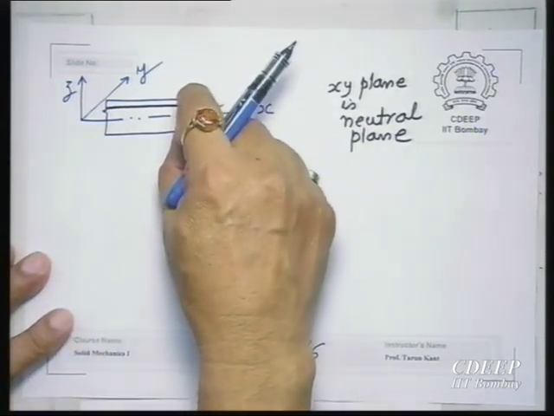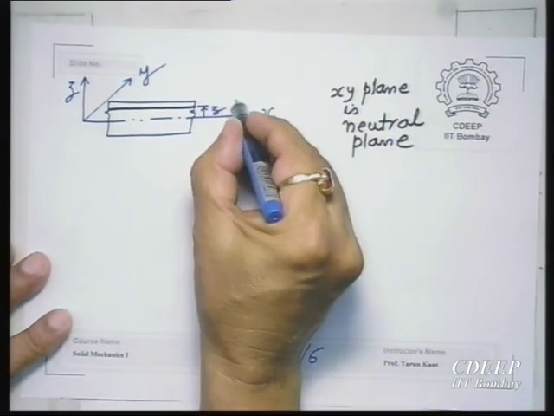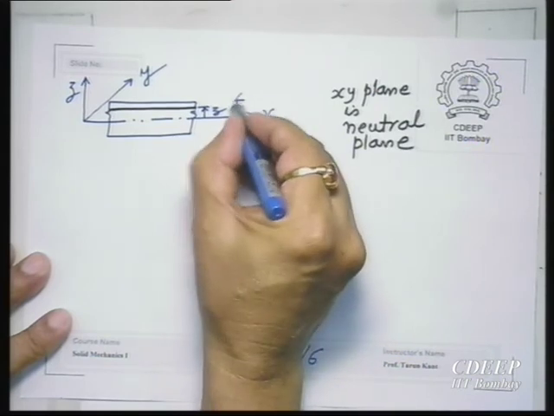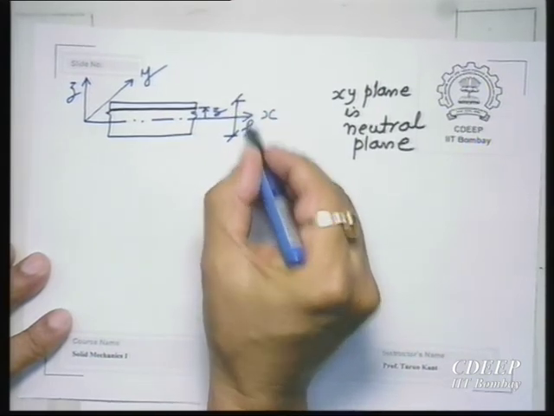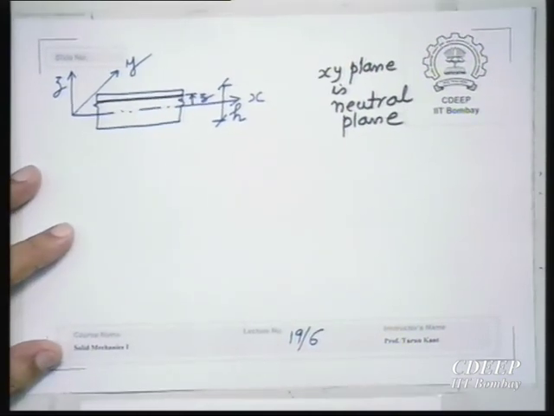If h is the thickness of the total beam, the limit is plus minus h by 2.